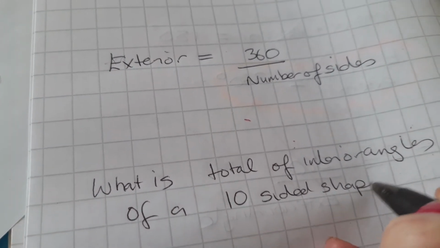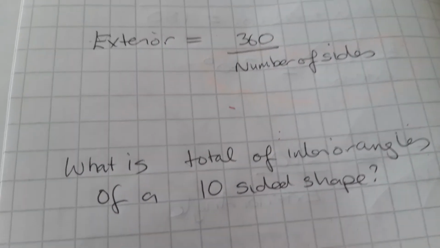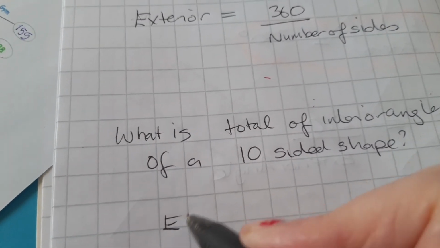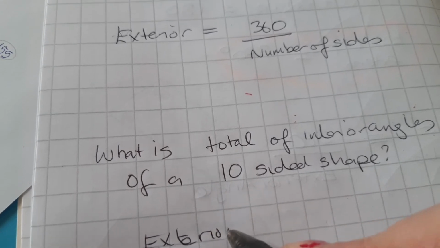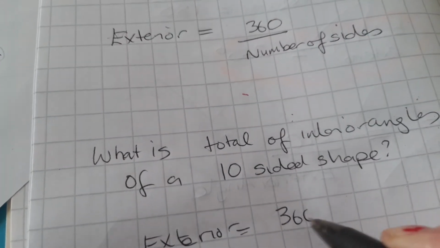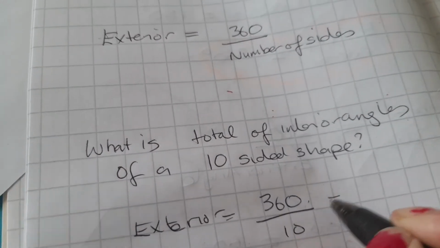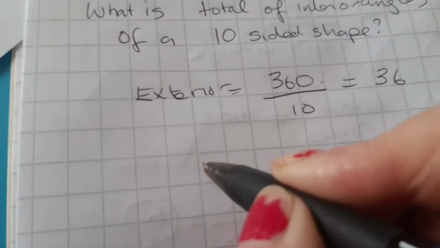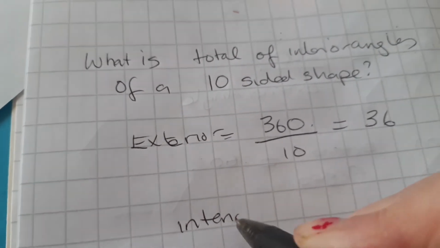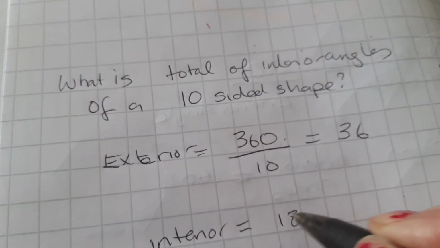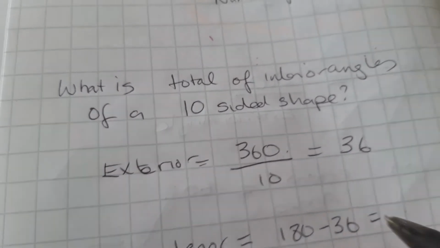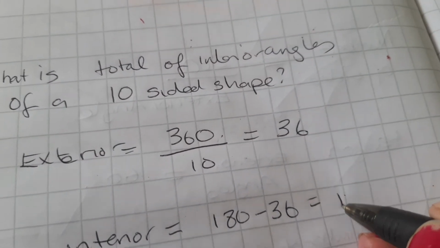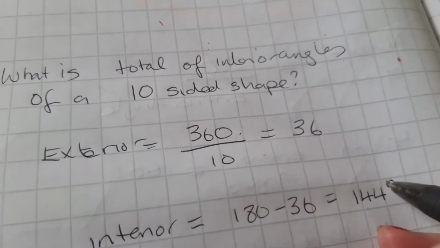You now have another way of finding that answer. You could say, well, the exterior angle equals 360 divided by 10 equals 36. So the interior is 180, take away 36, which is 144.